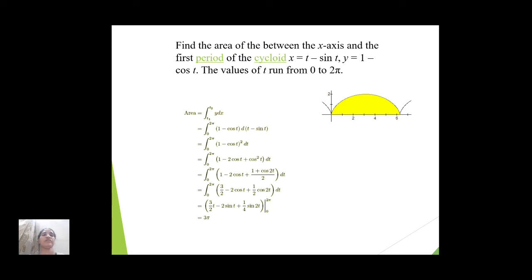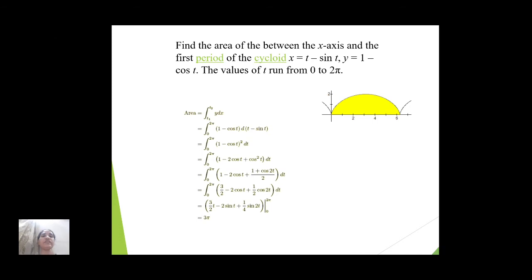that equal to integral 0 to 2 pi 1 minus 2 cos t plus cos square t, 1 plus cos 2t by 2. Then 2 into 1, 2, 2 plus 1, 3, so 3 by 2 minus 2 cos t plus cos 2t by 2.